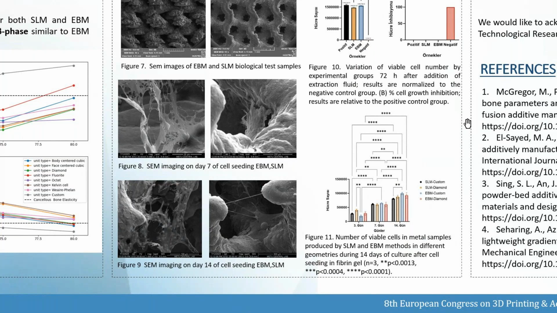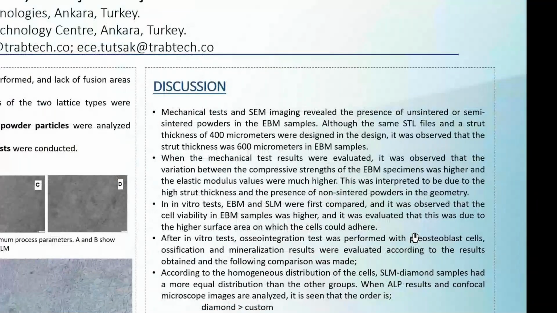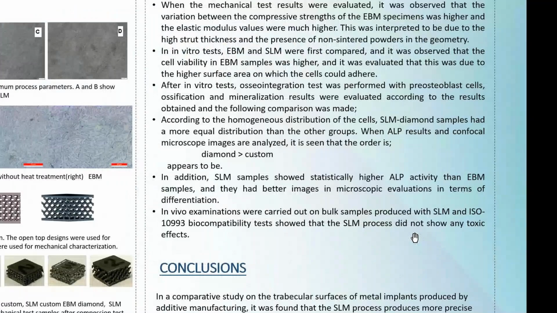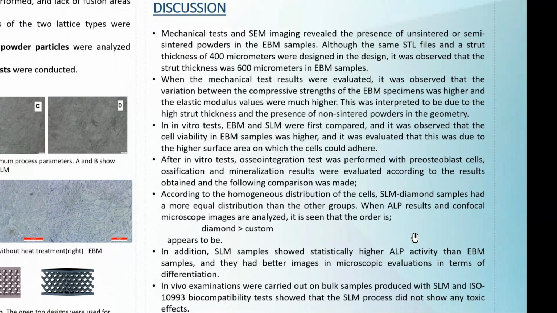The results showed us, after the mechanical tests and SEM imaging, that the strut thickness we designed was 0.4 millimeters, but the strut thickness in EBM samples was 0.6 millimeters.